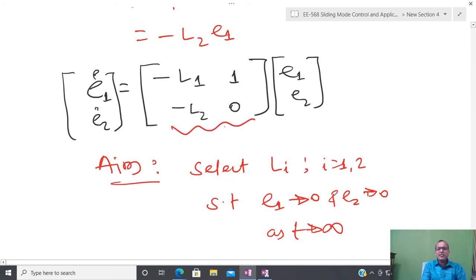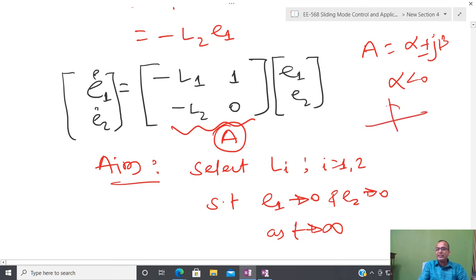You can just concentrate on the eigenvalue of this particular matrix, such that the eigenvalue is strictly negative, or at least if the eigenvalue is complex, then the real part of the complex number is negative. Because just now we have seen that if the complex eigenvalue of some matrix is alpha plus minus j beta, and if alpha is less than 0, then we have behavior like this.